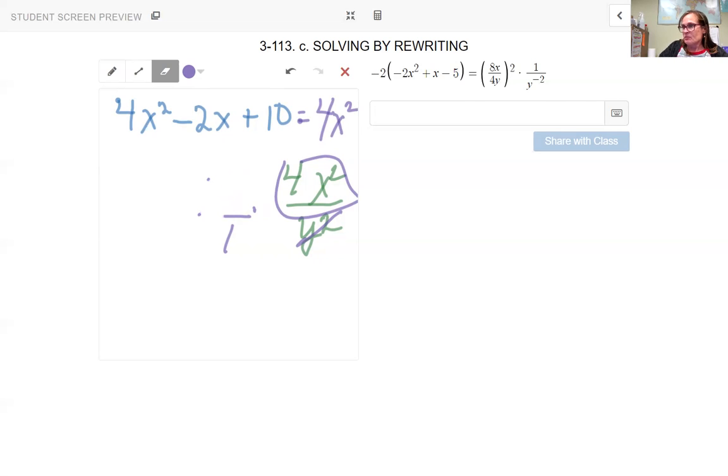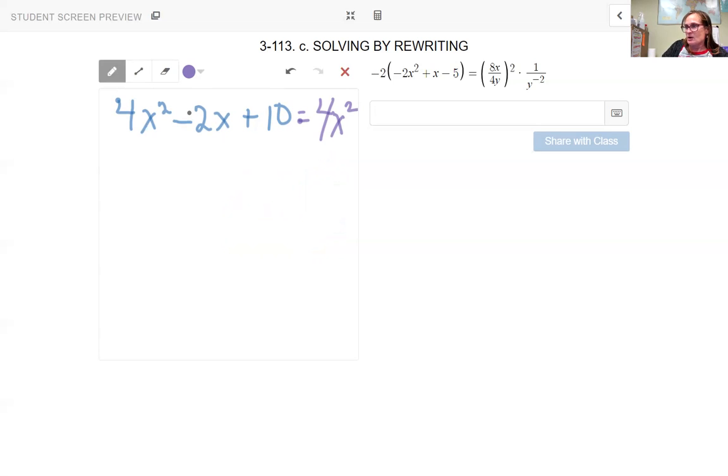Okay, now we're ready to solve for x. We have 4x squared on both sides, so I'm going to start off by subtracting 4x squared. Now we have negative 2x plus 10 equals 0. Now I need to get my x by itself, so I'm going to subtract 10 from both sides.